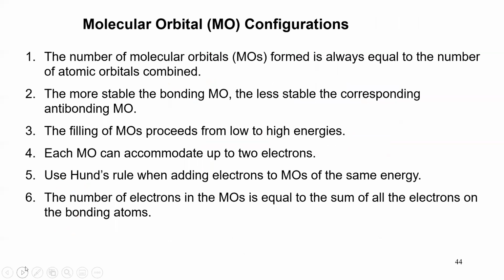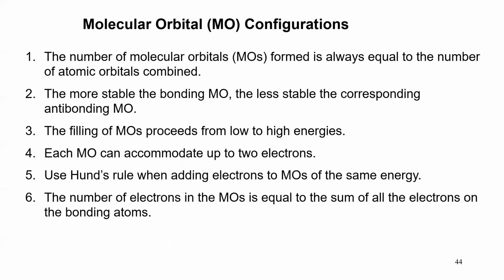So let's look at a few rules for molecular orbital configurations. The biggest rule, and that's the one that I've already said, is that if we're going to make new molecular orbitals, it has to be the same number of molecular orbitals as we had atomic orbitals. Okay.